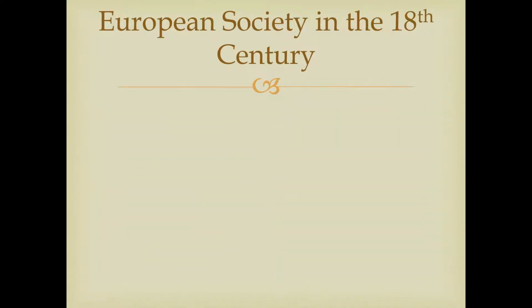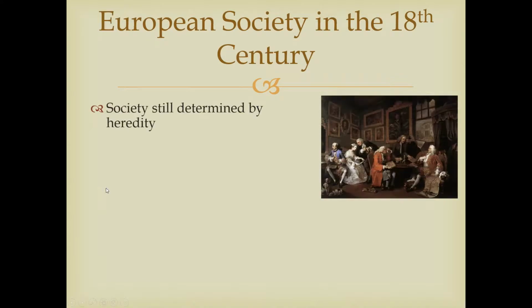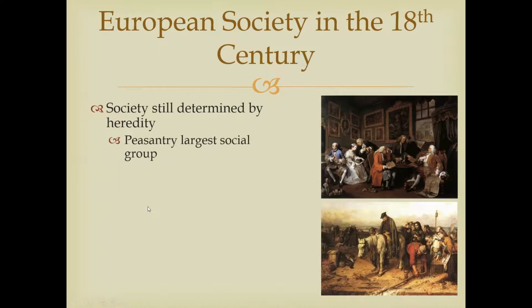And so European society in the 18th century, in the 1700s, changes a little bit, but society pretty much is still determined by heredity. The peasants are going to be the largest social group, while at the top, the nobles are still going to be the ones dominating.